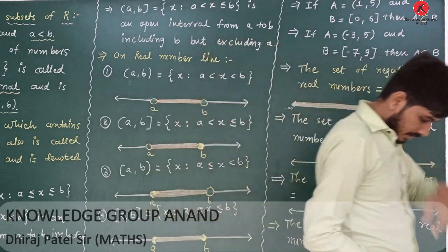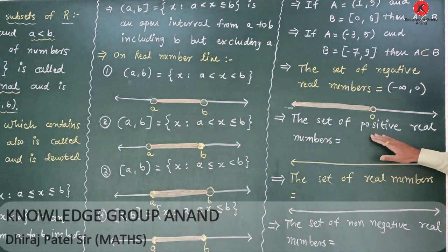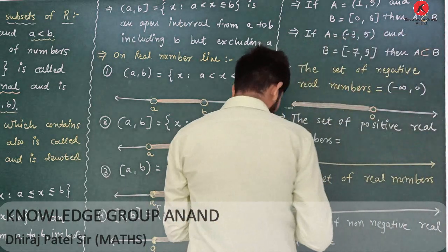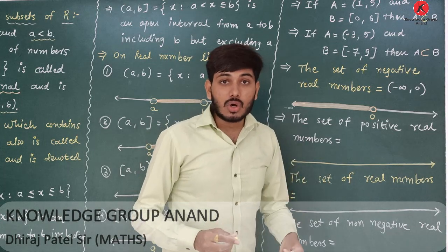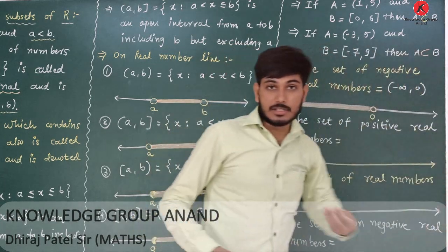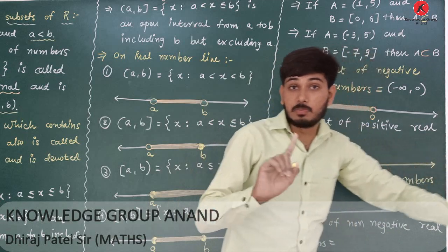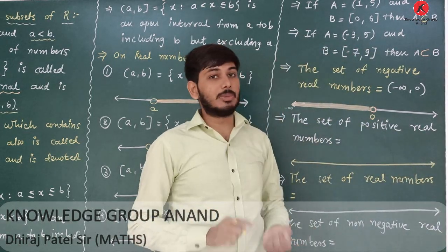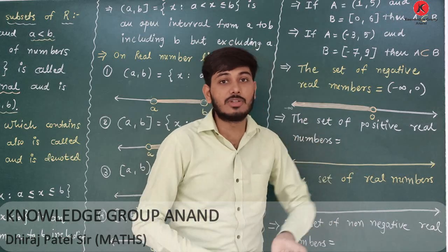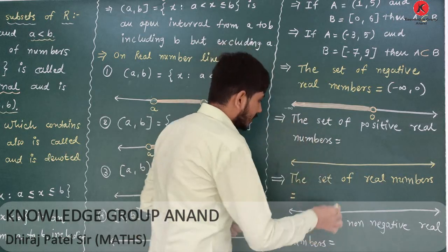Next one, the set of positive real numbers. The set of positive real numbers is 0 to infinity. But we don't have to include 0 here, because 0 is not a positive number. It is a neutral number.